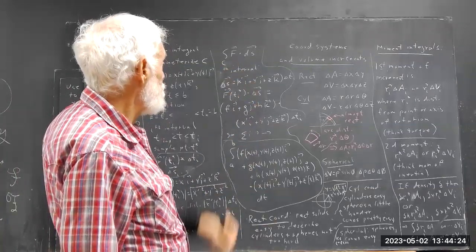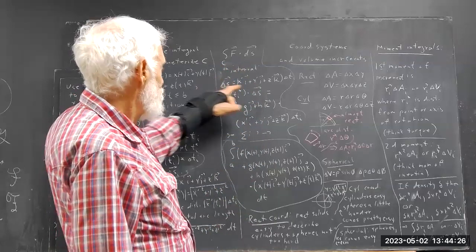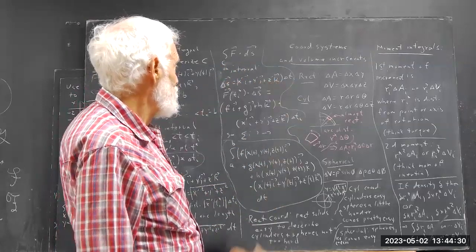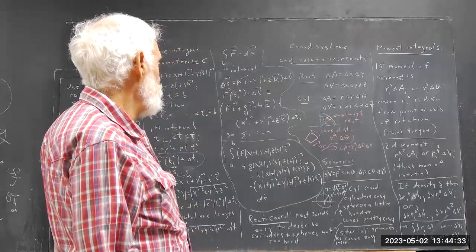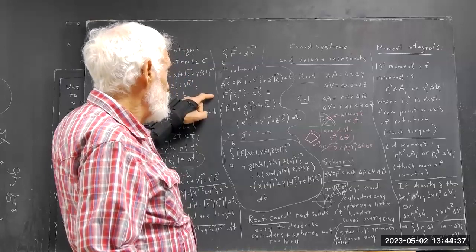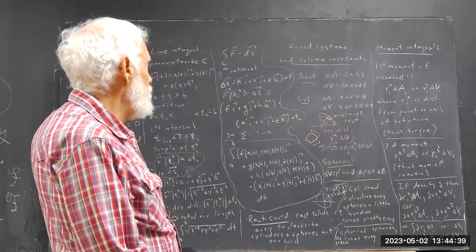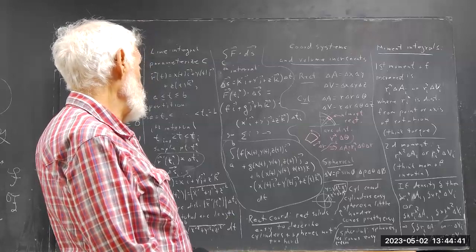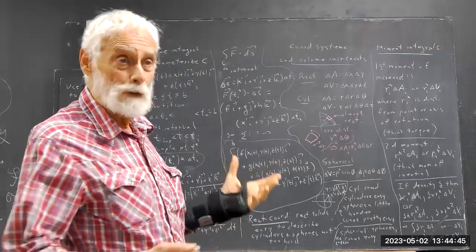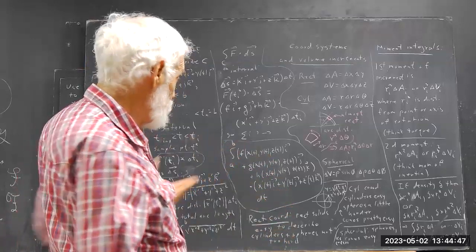So your integral of F dot ds. On the ith interval you have this delta S, this times delta t i.